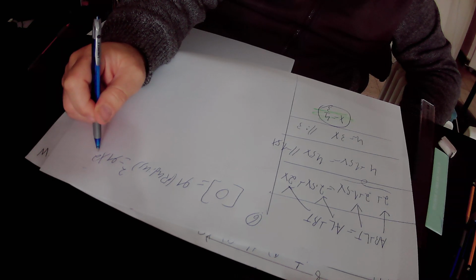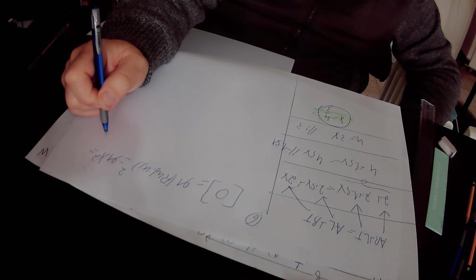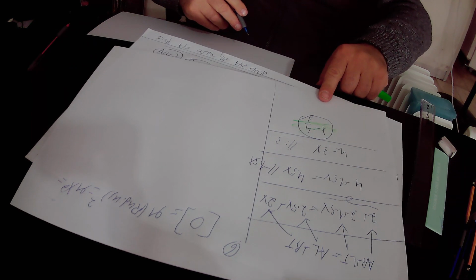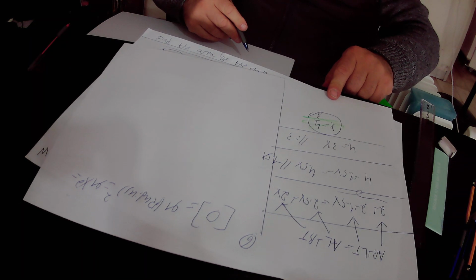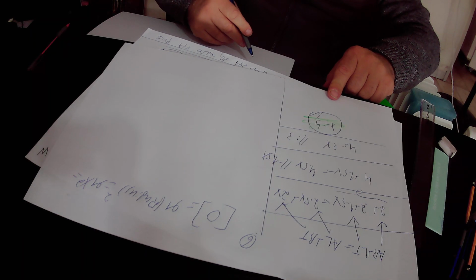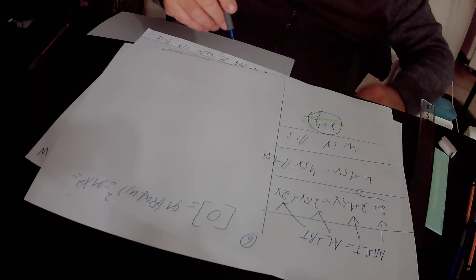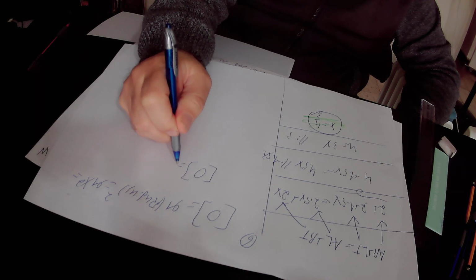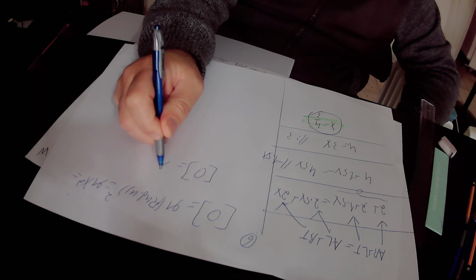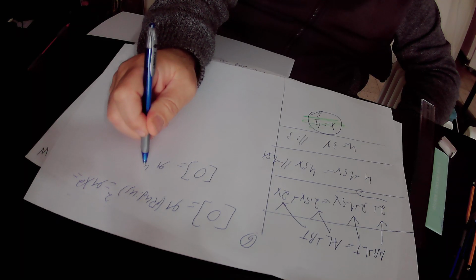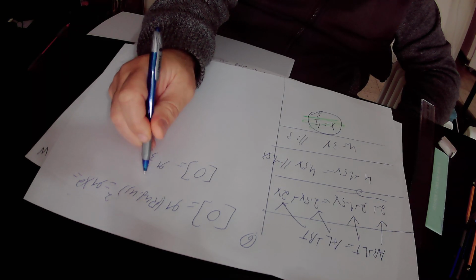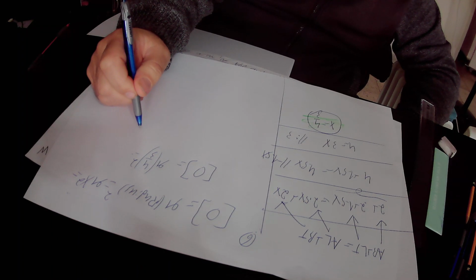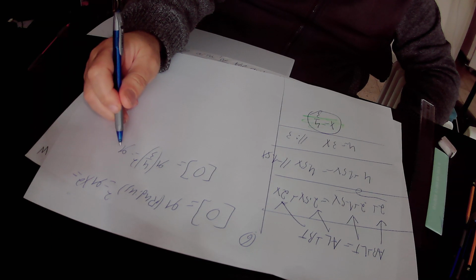So the area of our circle is pi times x squared. We just found out that x equals 4 over 3, so x squared is 4 over 3 squared. So the area of our circle equals pi times 4 over 3 squared.